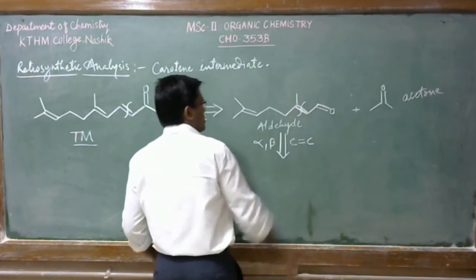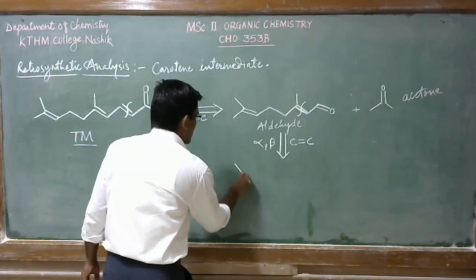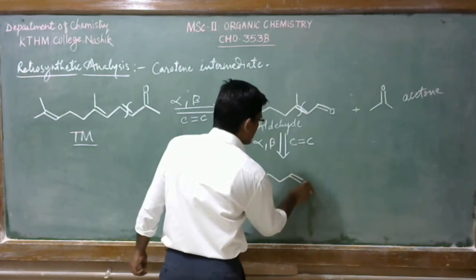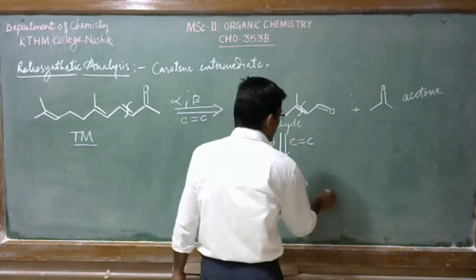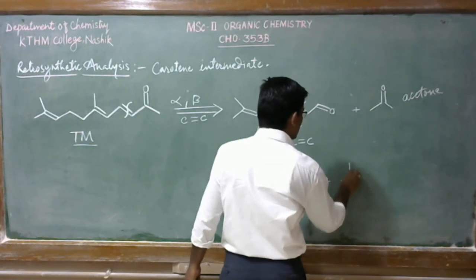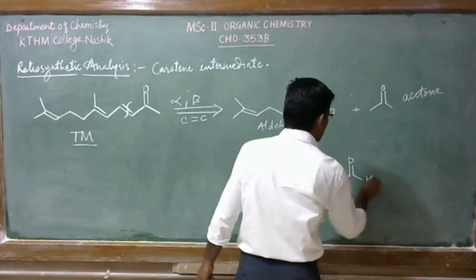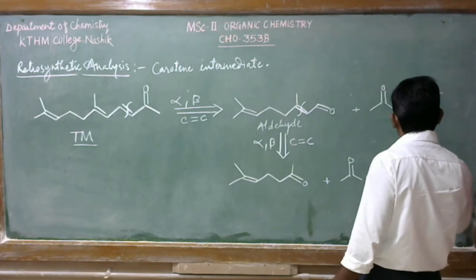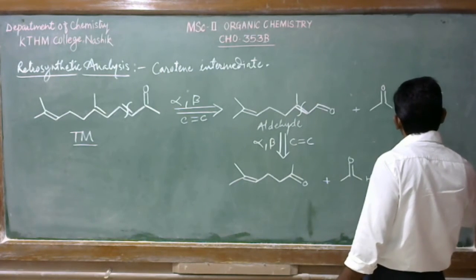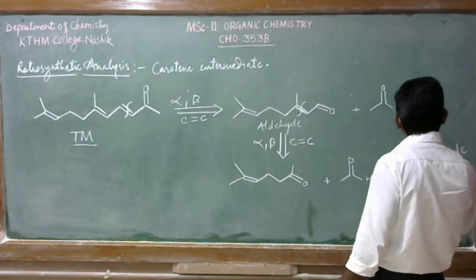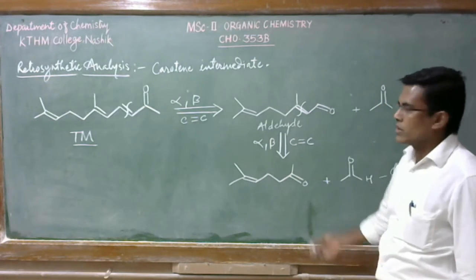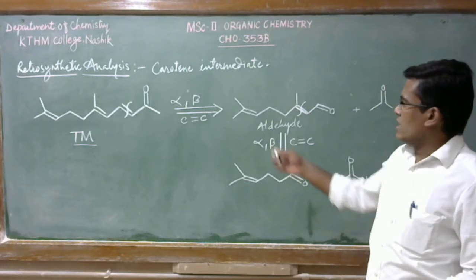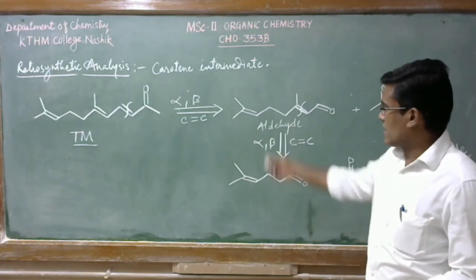So we could get this ketone, alright, and this aldehyde. This is acetaldehyde. So in this way we can do the retrosynthetic analysis for this particular alpha beta unsaturated carbonyl compound.